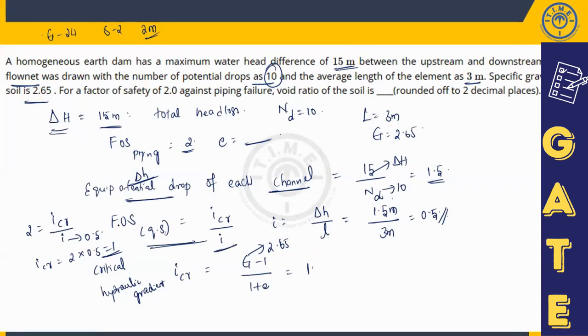But FOS is given 2. So from this we calculate i is del H by L. i critical is G minus 1 by 1 plus e. We know G is 2.65. Very good, Selvanayaki. You got 0.65. Yes. From this I substituted here. I got the value of void ratio to be 0.65.